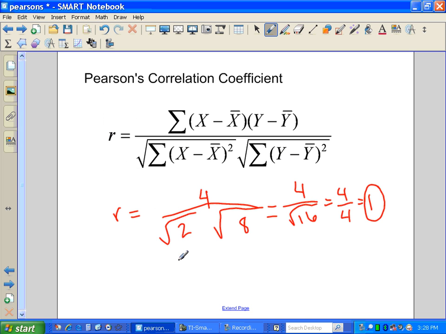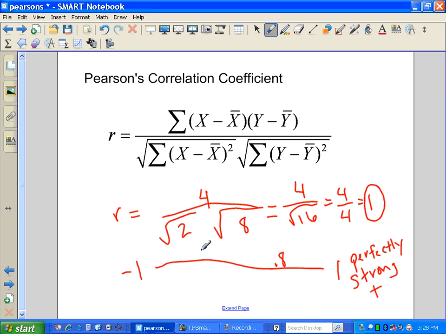Pearson's correlation coefficient, like Spearman's, can go from -1 to +1, this being a perfectly matched, strong relationship. Strong positive. Anything above, say, a 0.8, we can call a strong positive.